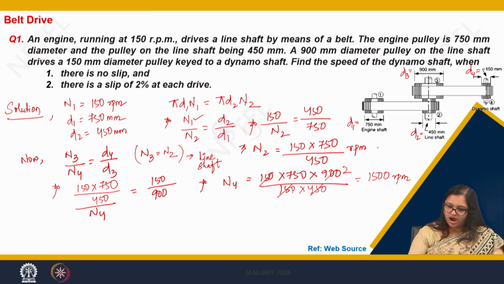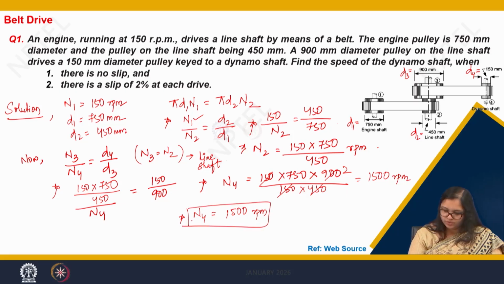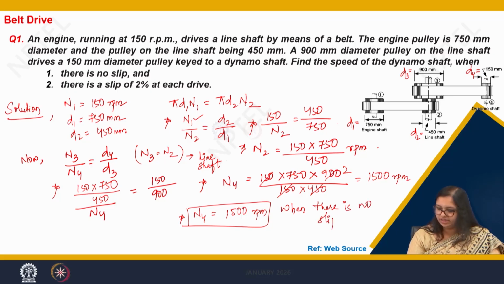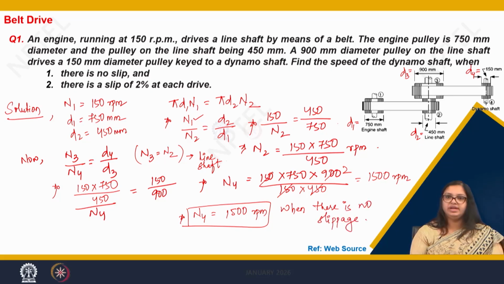This is how we arrived at this answer: N4 is equal to 1500 rpm when there is no slippage. So, this is my answer 1.